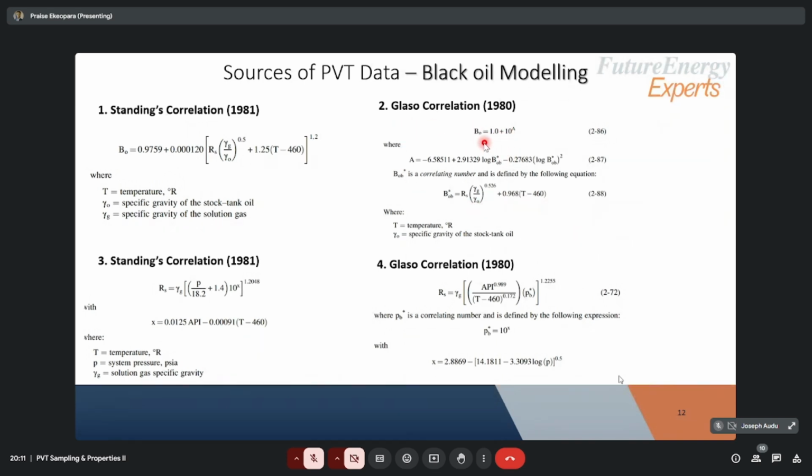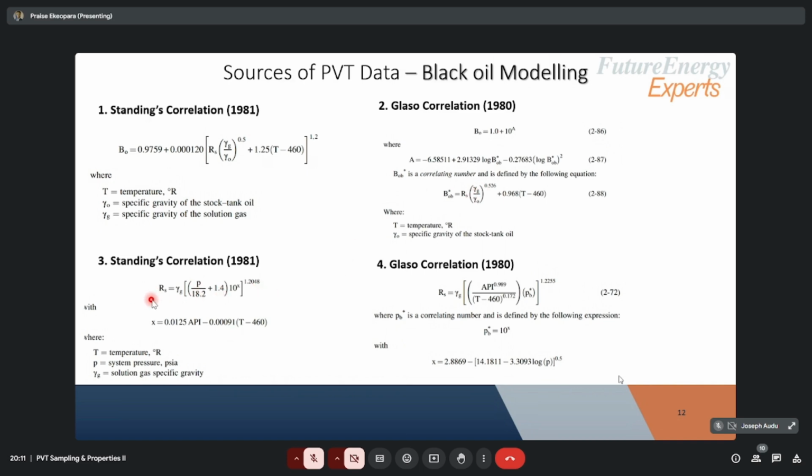This is the final formula, right? But this A, which is a parameter, is a function of BOD. Then this BOD is equally a function of RS, your gas gravity, oil gravity and temperature. So it doesn't really matter when you are writing them in code or typing them in a function. They are easier written than understood, if I should say that.